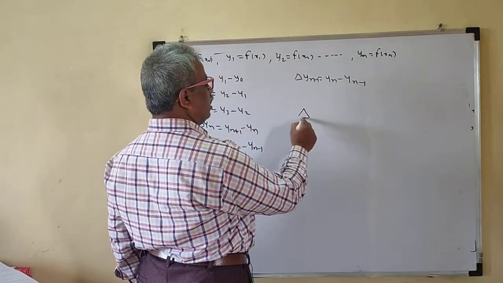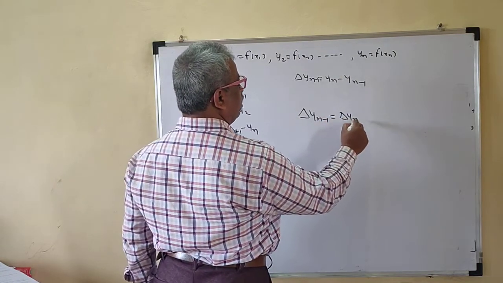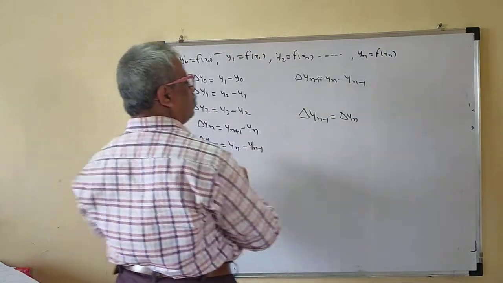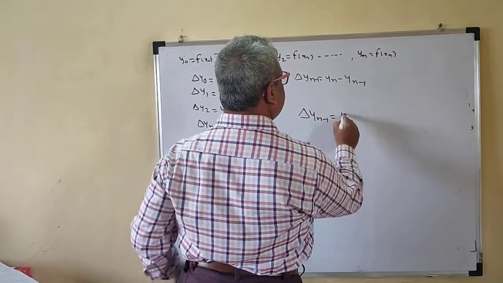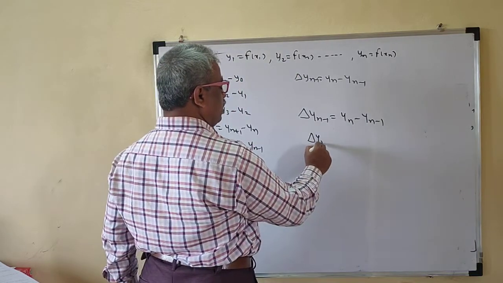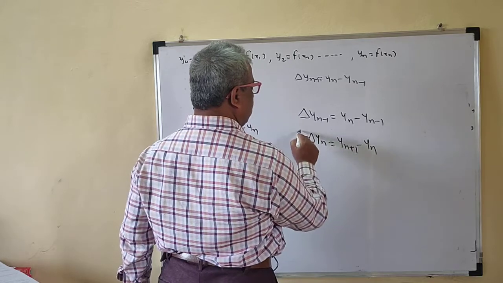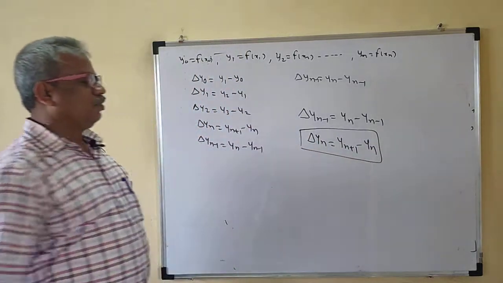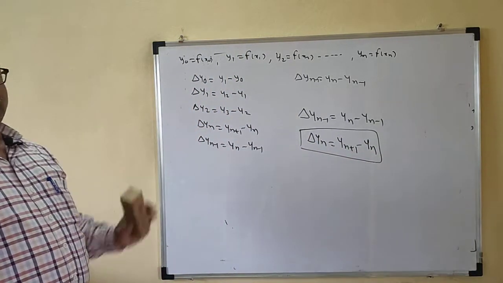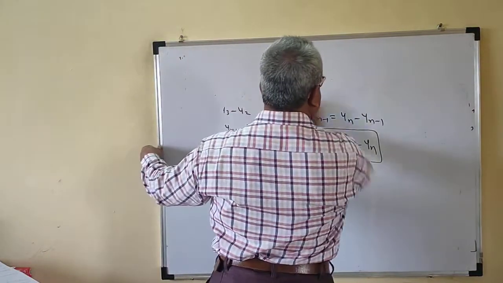Therefore remember this: delta y(n-1) is the same as yn minus y(n-1), or in terms of yn, this is y(n+1) minus yn. Please remember this as the formula for forward difference.